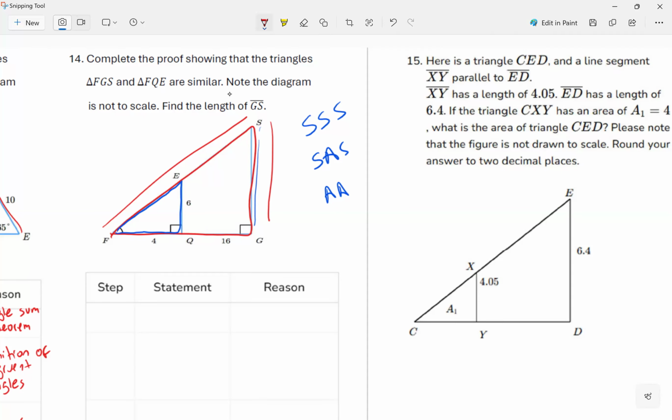So I'm not going to try to use a rule that has sides. Instead, I'm going to go for angle angle: two angles of the small triangle are equal to two angles of the big triangle.